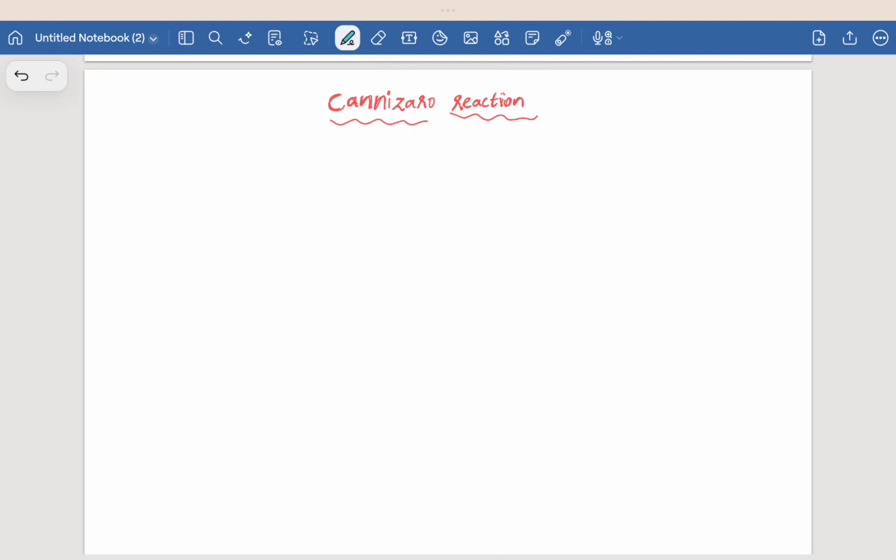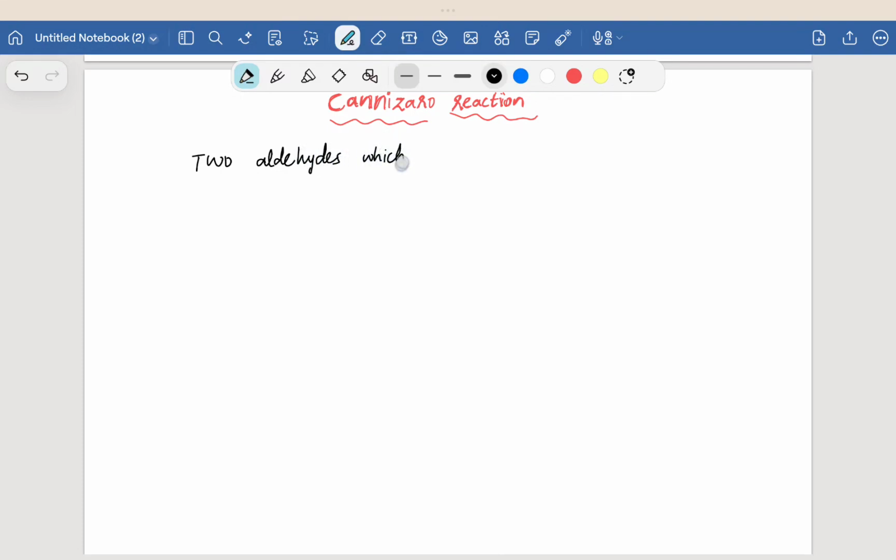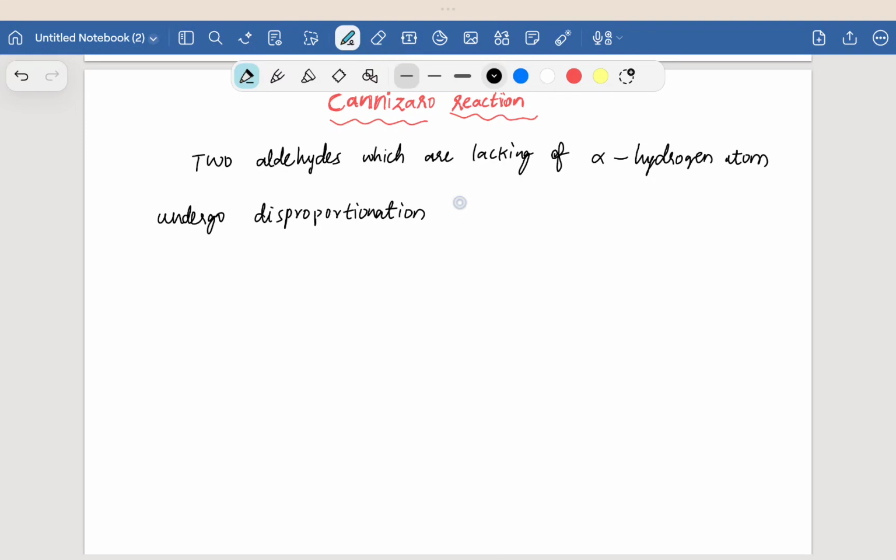So the Cannizzaro reaction is nothing but two aldehydes which are lacking alpha hydrogen atoms undergoing a disproportionation reaction, which means a redox reaction.